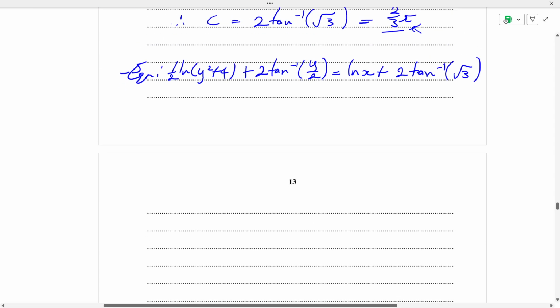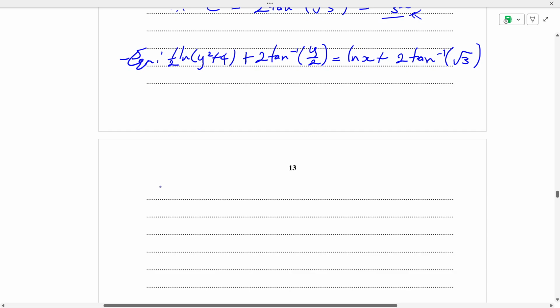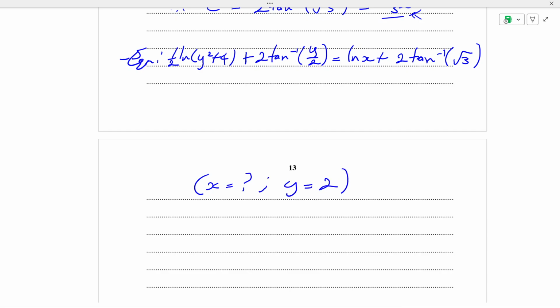Using that equation, we want x when y is equal to 2. So now we can substitute the value of y, which is 2.